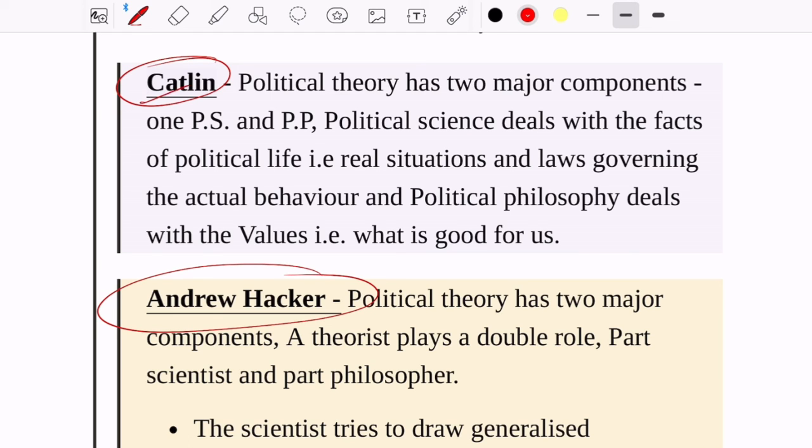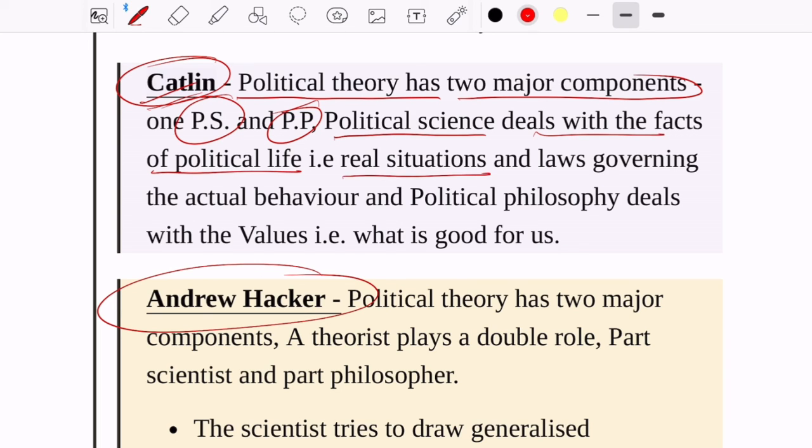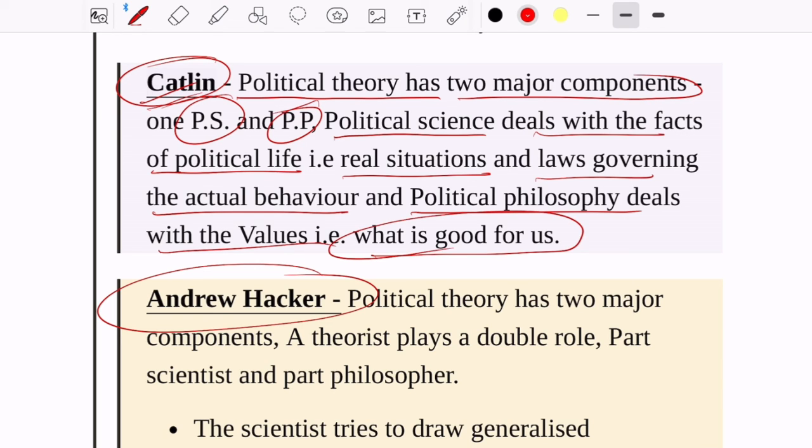Both said the same thing. According to Catlin, political theory has two major components. One is political science, second is political philosophy. Political science deals with the facts of political life, real situations, laws governing actual behavior. Political philosophy deals with the values, what is good. I'm just dictating it because I already explained these things to you.